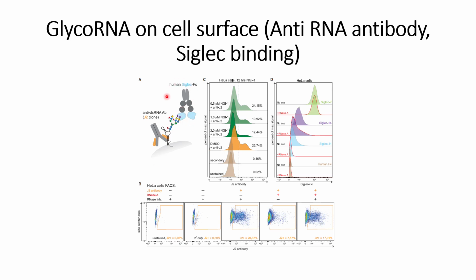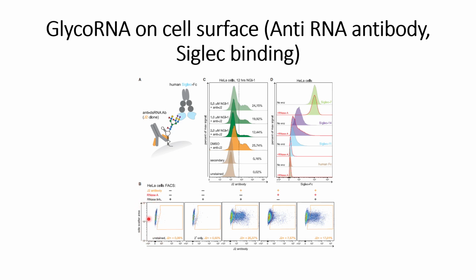And second, they use different Siglecs. The first specialty of Siglec is that it binds to sialic acid. So panel B shows the different combinations of anti-double-stranded RNA and RNase on the flow cytometer.